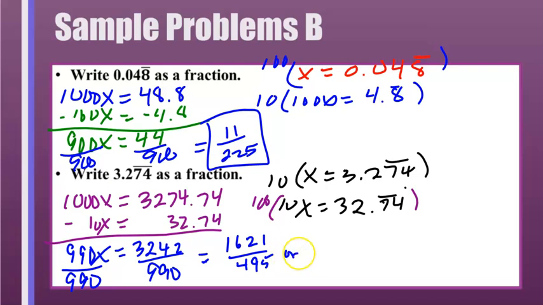Or you can write it as a mixed number, which would be 3 and 136 over 495. But I would probably keep it as an improper fraction, and that would be in lowest terms. So that is our lesson on changing repeated decimals into fractions.